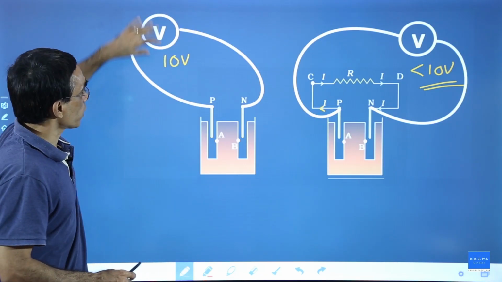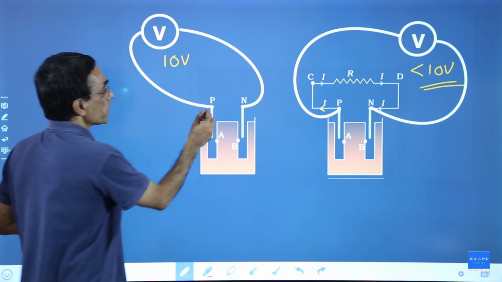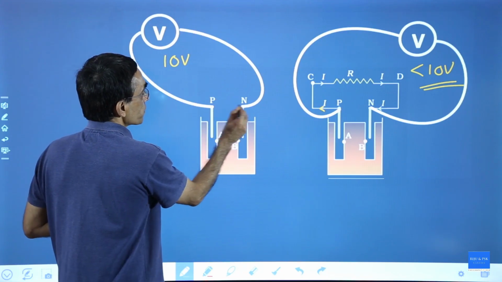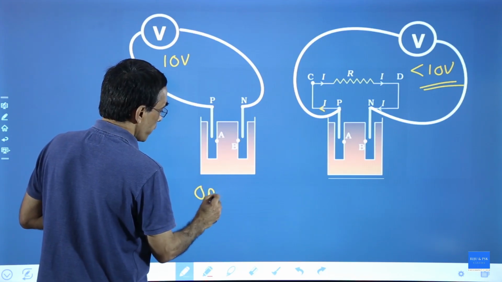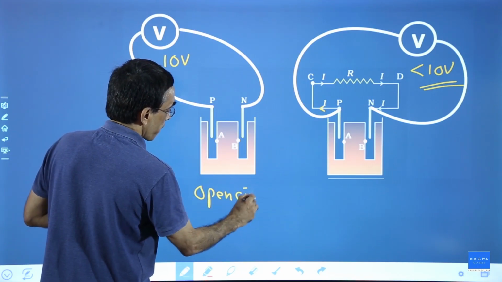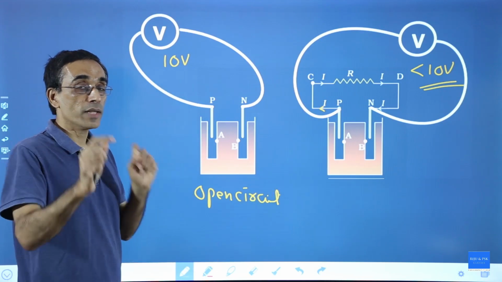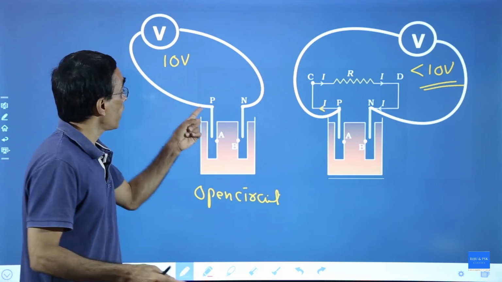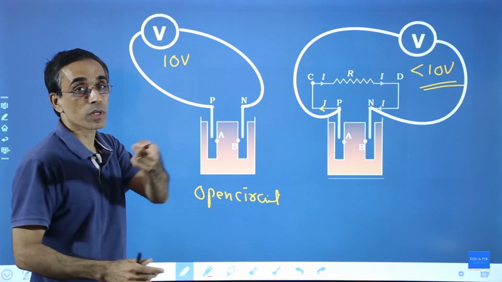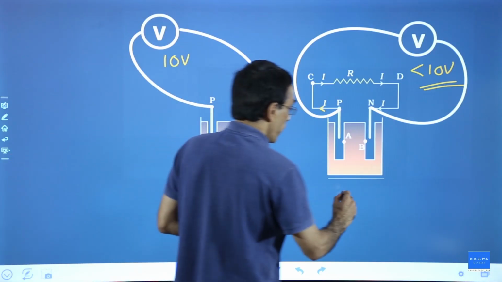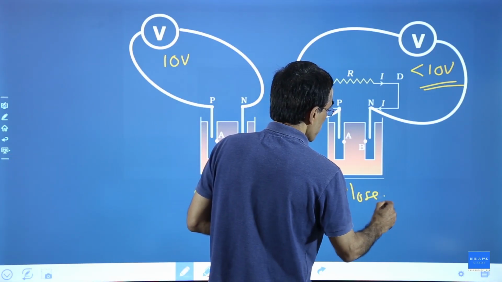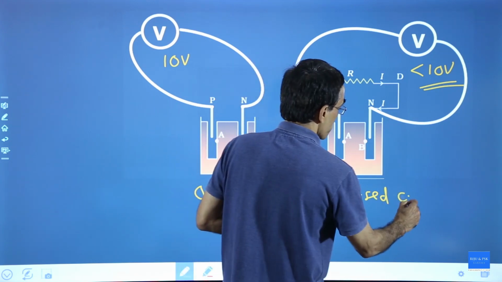This voltage shown, where is it shown? Between the terminals here and here. Cell in open circuit means it is not delivering any current other than the very small current through the voltmeter. But this is providing current because it is in a closed circuit.